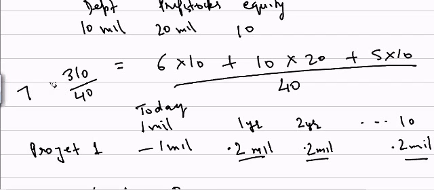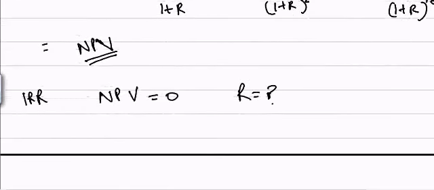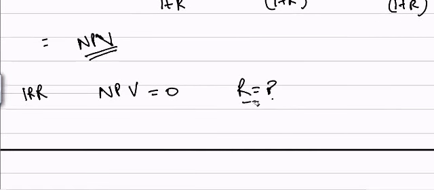And then we can come back here and calculate the R. So if R is greater than 7.7%, the project is good. And if R is less than 7.7%, then the project is bad, and we should not take the project. So this is another way to evaluate the project.